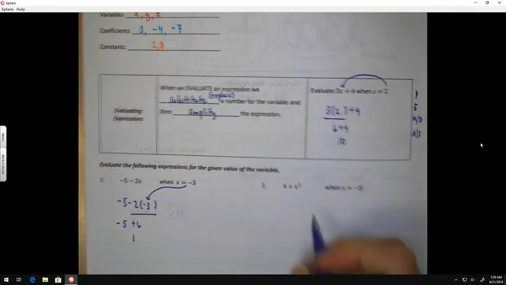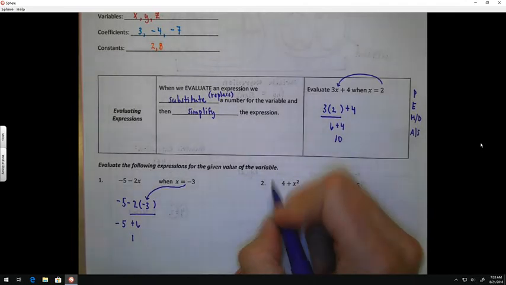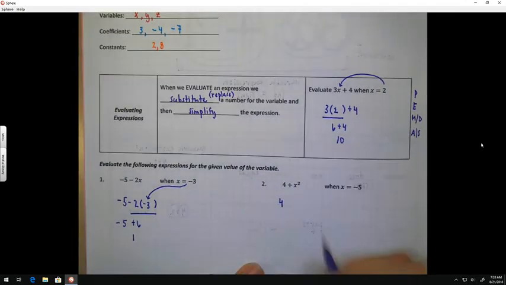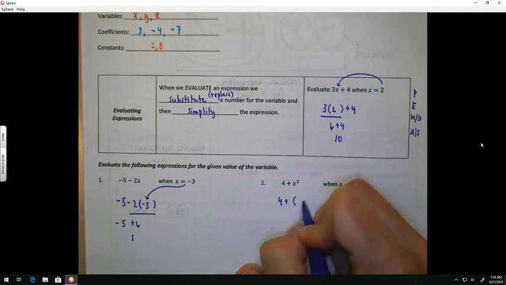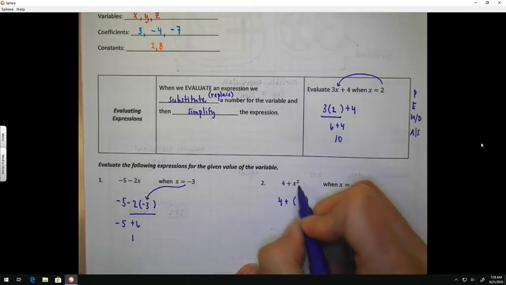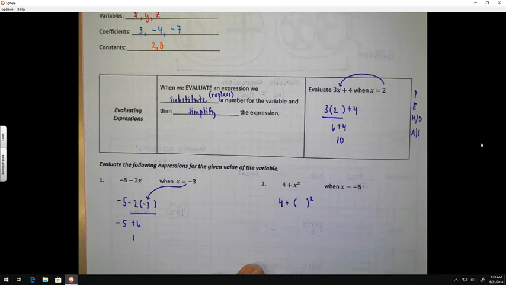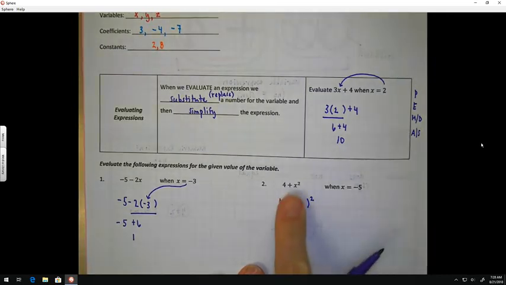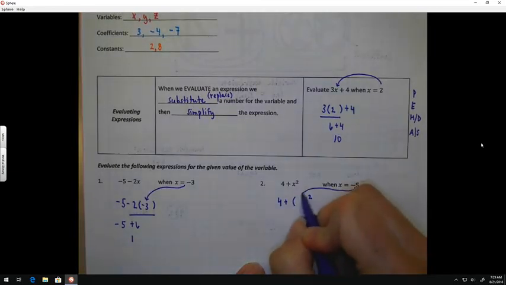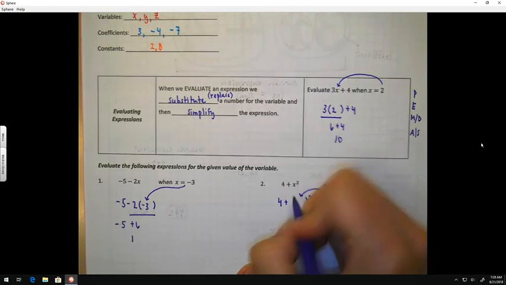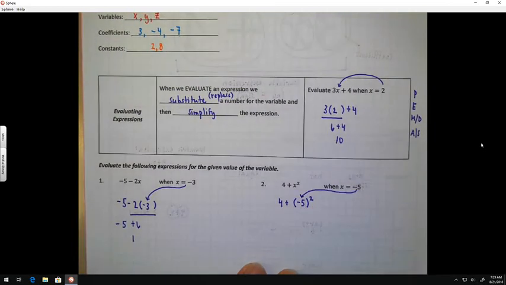Okay, last problem then. Again, we're going to copy our expression to start. So 4 plus, I'm going to leave a placeholder for my x, and I can't forget to bring down the squared. So the only thing I left a placeholder for was the x, and I brought down my squared. Now, I know that negative 5 is going to get plugged in for x, so I substitute that here.